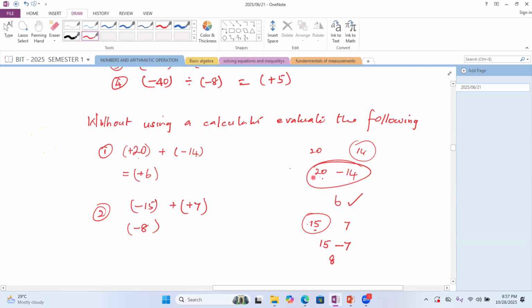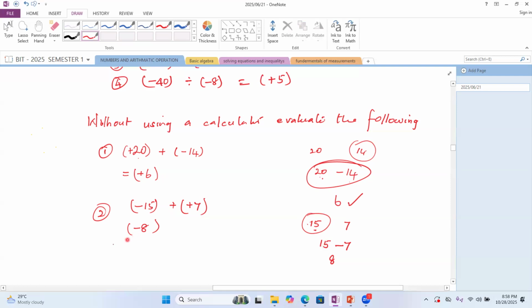The highest value is 20, so we write its sign, positive. Here, opposite signs, so we write the numbers without sign, 15 and 7. Subtract 7 from 15, then we get the result 8. We write the sign of the highest value, 15, that is negative.